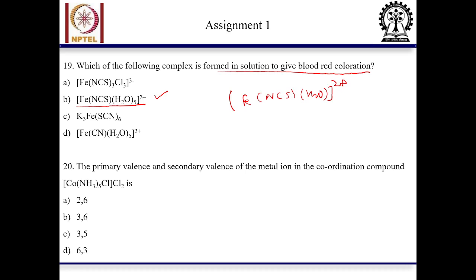The primary valency and secondary valency of the metal ion in the coordination compound [Co(NH3)5Cl]Cl2 is. Here also one more concept is there that I will tell you.